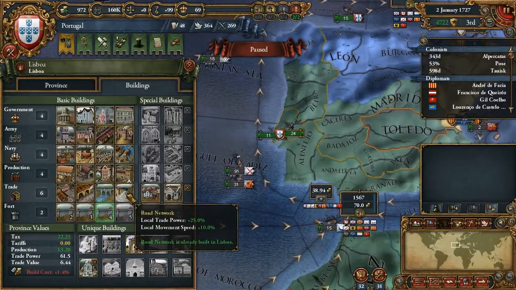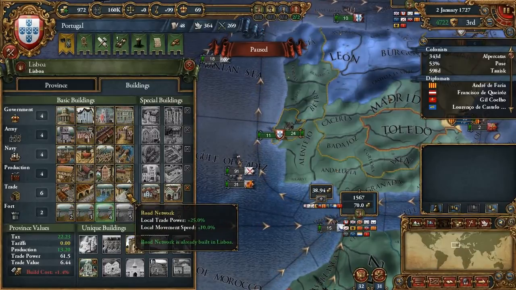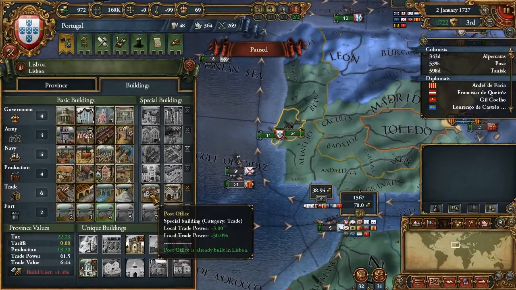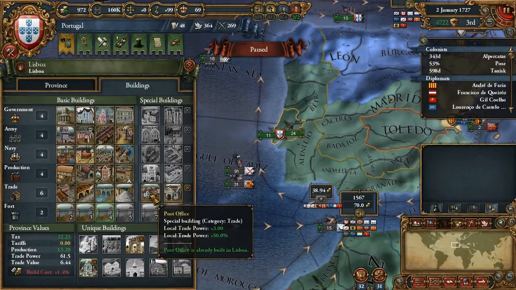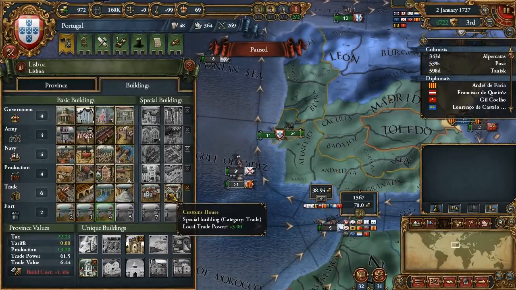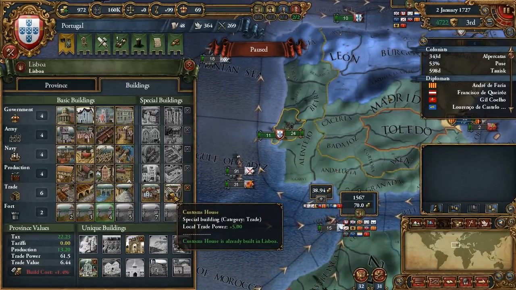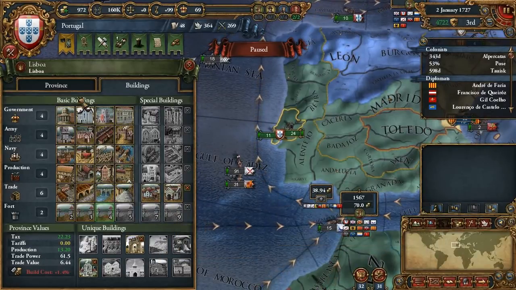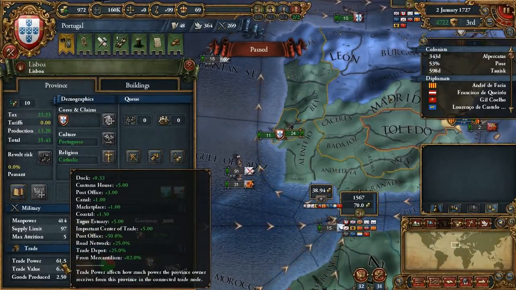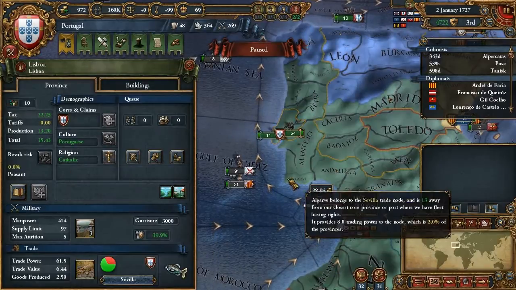Another +1 trade power, 25% more. +3 and +50%, so that's actually more than 3, as it will affect everything down the line. And another +5. So as you can see, for all these benefits, I turned this province into 61 trade power.